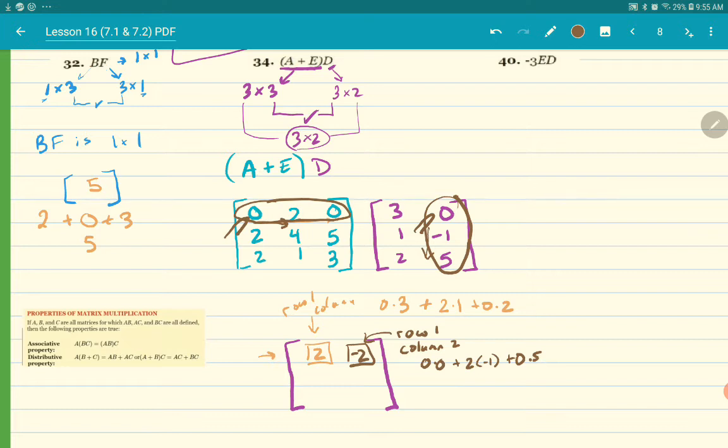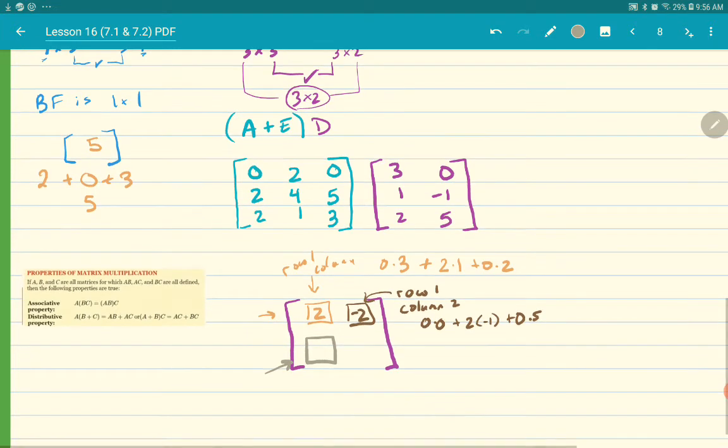Okay, now I'm going to erase those colors and use a new one. My next spot will be right here. That's now row 2, but we're looking back at column 1 again.